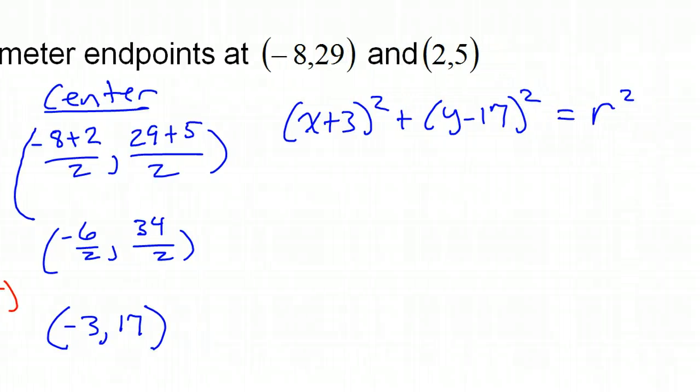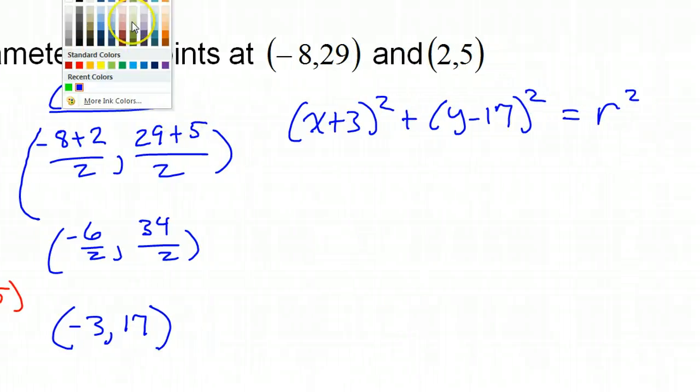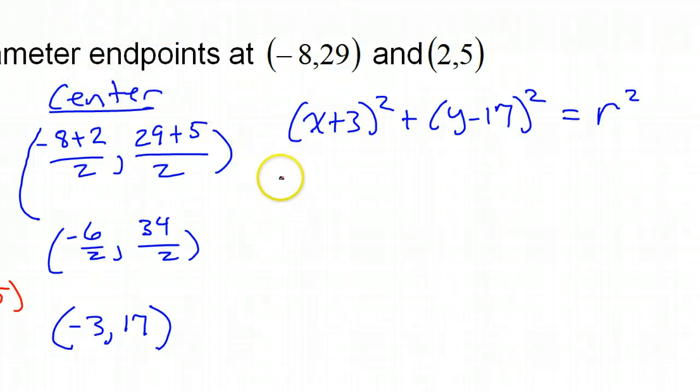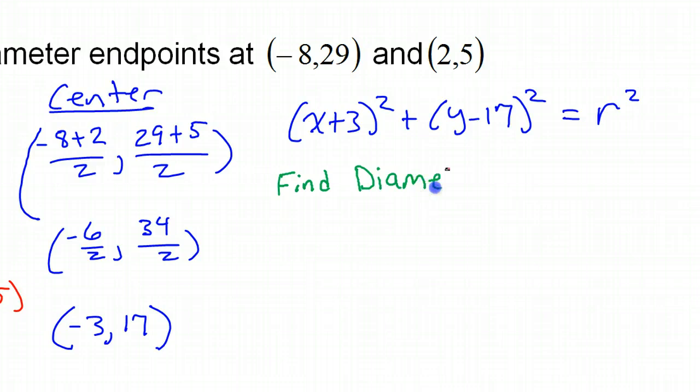So let's use the distance formula. So what we're doing is we're going to try to find the radius. But first we're going to find the diameter. D stands for diameter right now.